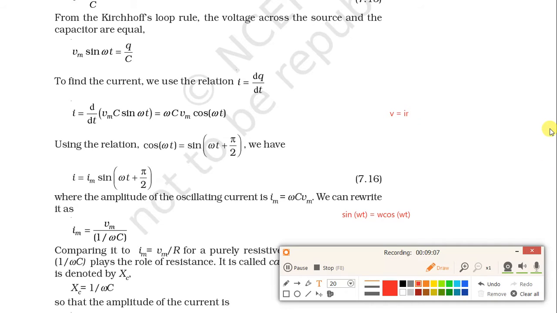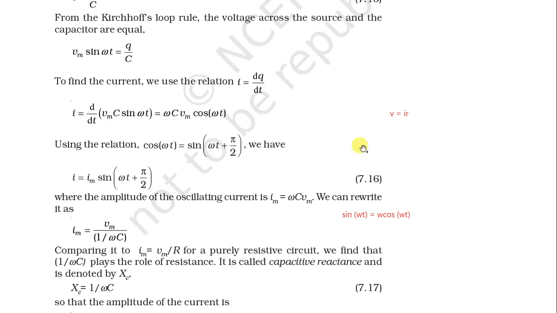Comparing to Im equal to Vm upon R in a purely resistive circuit, we find that 1 upon omega C plays the role of resistance. It is called the capacitive reactance and is denoted by Xc. So Xc is equal to 1 upon omega C.